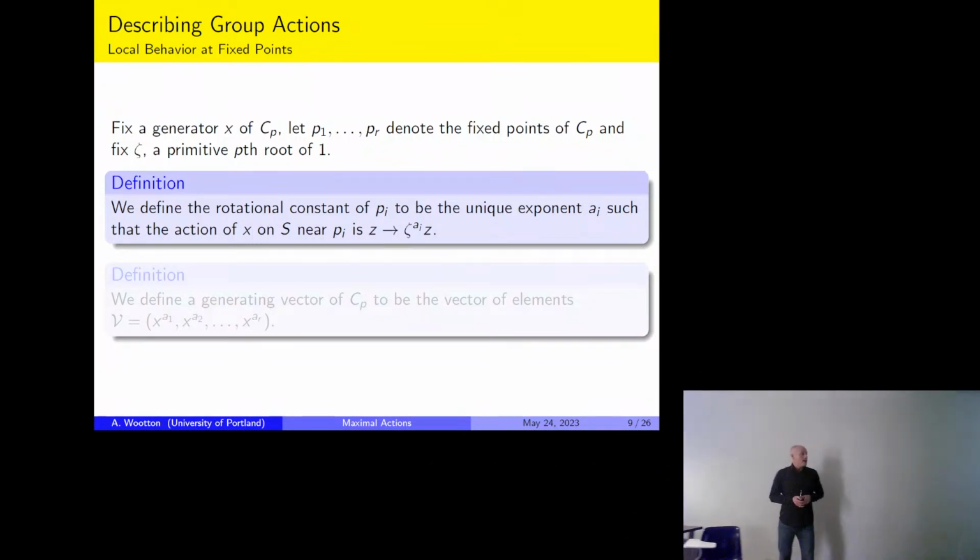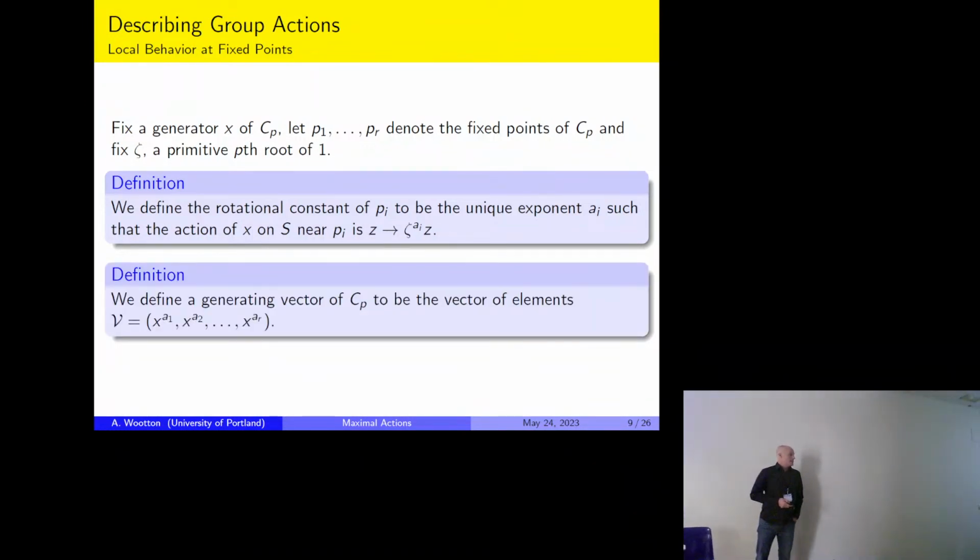And so from this, I define something called a generating vector. Now this does depend on the choice of zeta. It also depends, of course, on x, and it depends upon the ordering I've chosen.